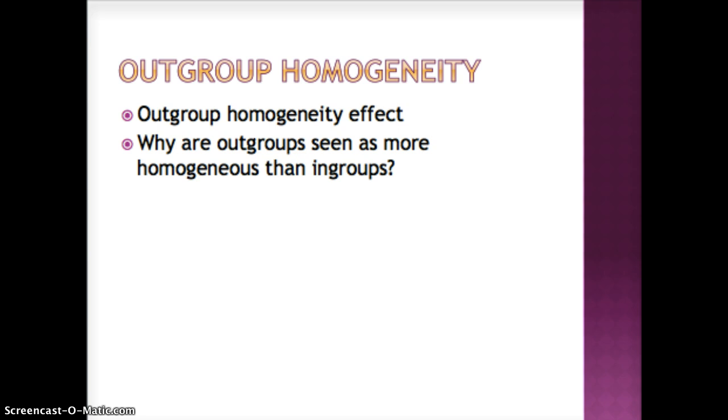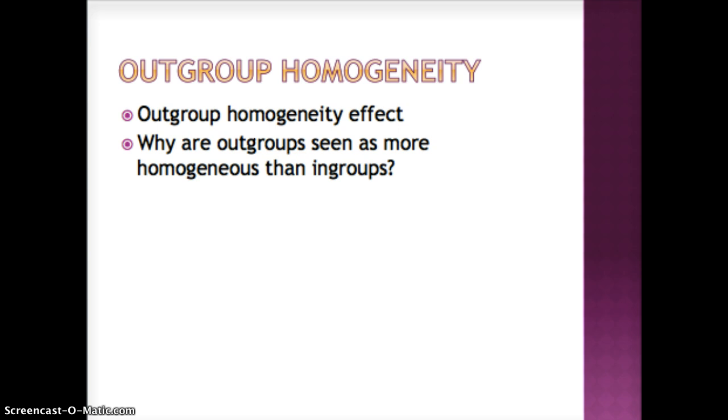Let me give you a quick example. If you're a social work major or you're studying graduate social work, you may tend to see the members in your class or your friends and classmates within the school as having unique characteristics and qualities.